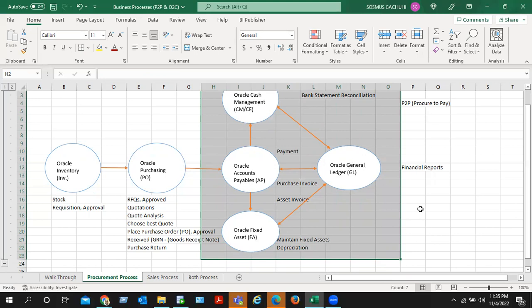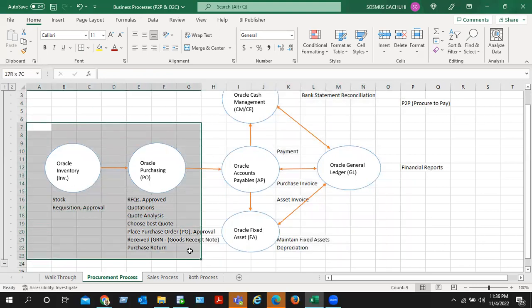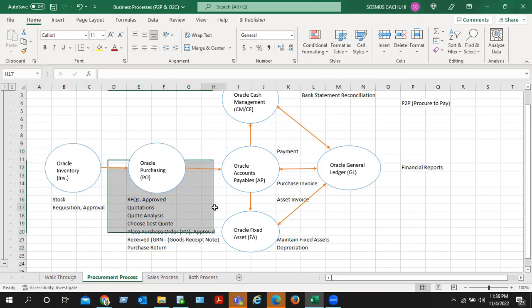But to understand where this information is coming or flowing from, we'll have to look at the basic setup and preparation of these documents in Oracle Inventory and Oracle Purchasing. Okay, so that is all about the P2P, procure to pay process.